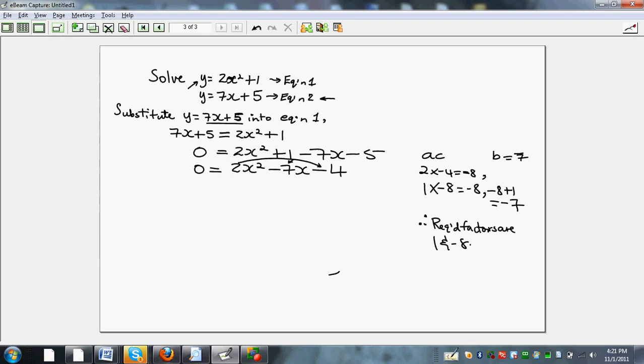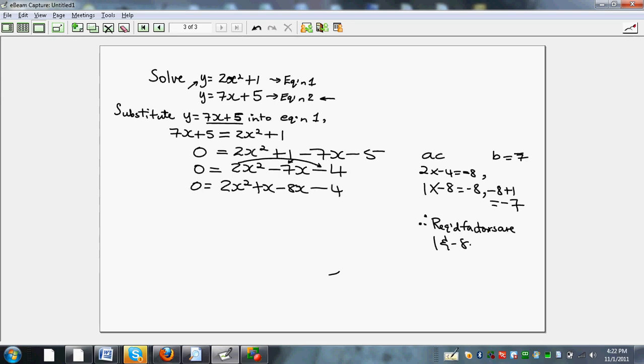So that is critical, because now we could come back and say 0 is equal to 2x squared, and instead of writing minus 7x, we could use these two factors, which is plus x, that's 1x, minus 8x, minus 4.